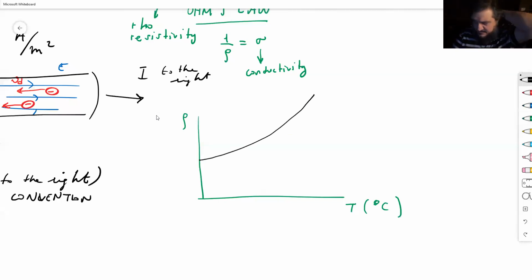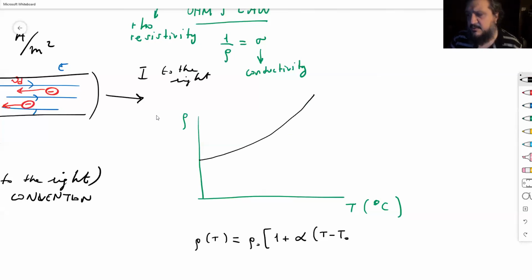Okay, so it's increasing. But approximately, we could write rho as a function of temperature in this manner: rho 0 times 1 plus some metal-specific constant alpha times T minus T0, where T0 is some reference.